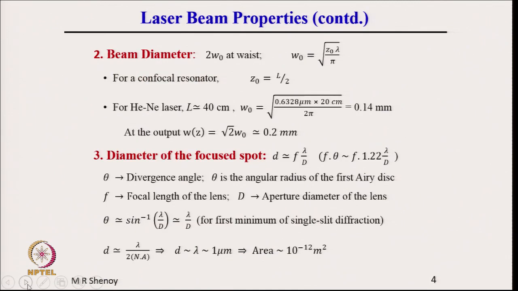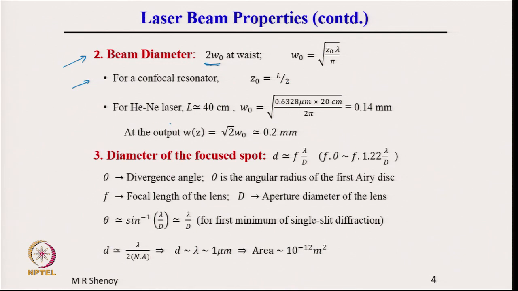The next parameter of the beam is the beam diameter. Let us discuss the beam diameter, which is 2 W0 at the waist. W0 is given by the formula here, Z0 into lambda by pi. For a confocal resonator, we have already seen that this Z0 is L by 2.